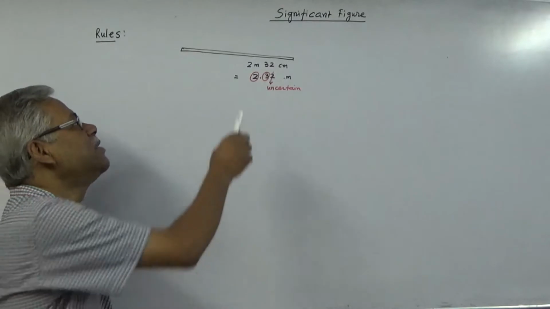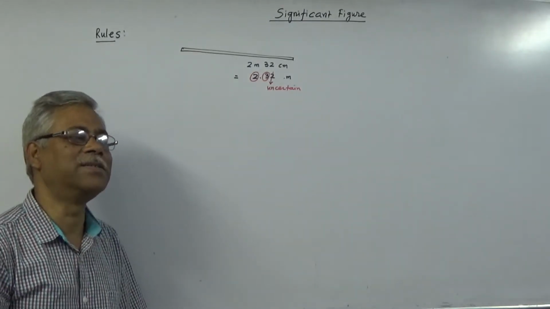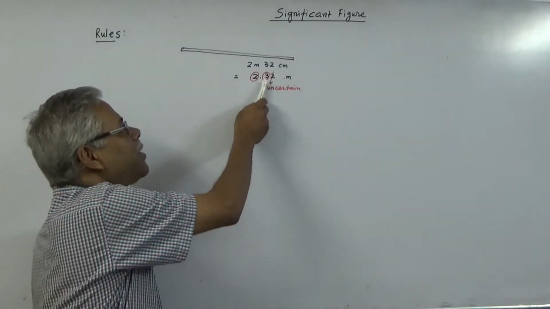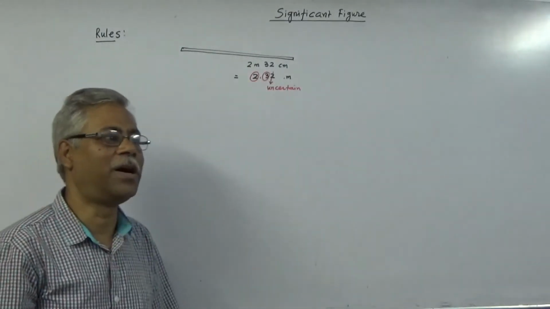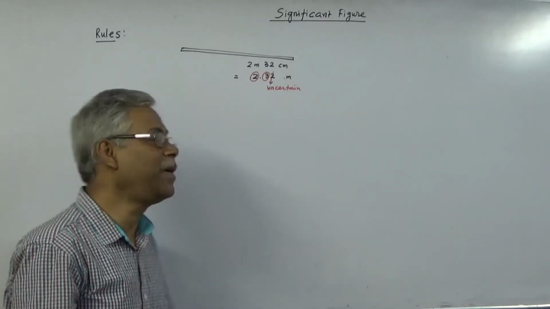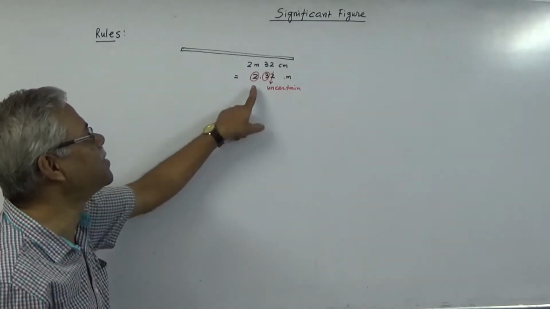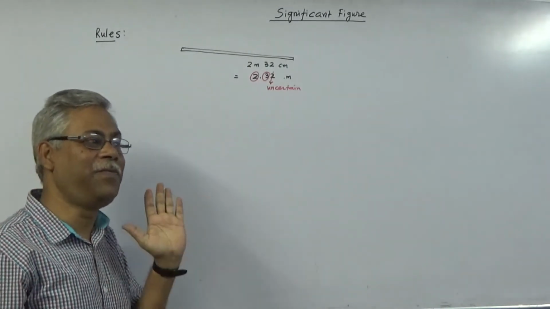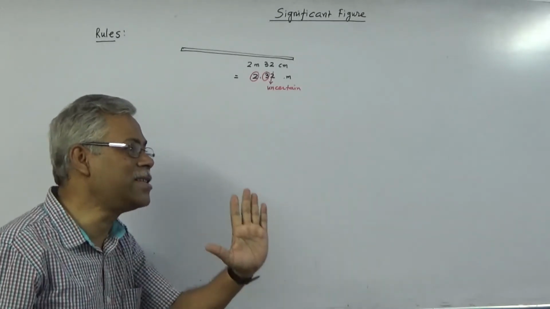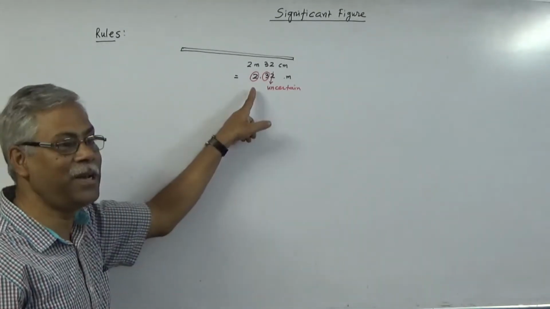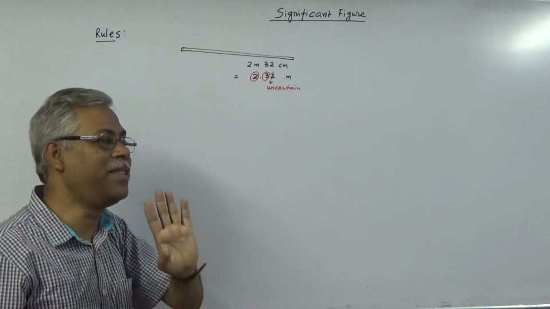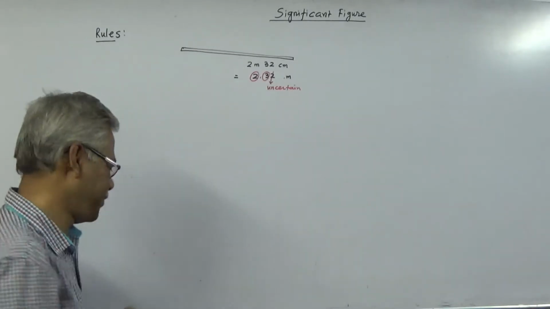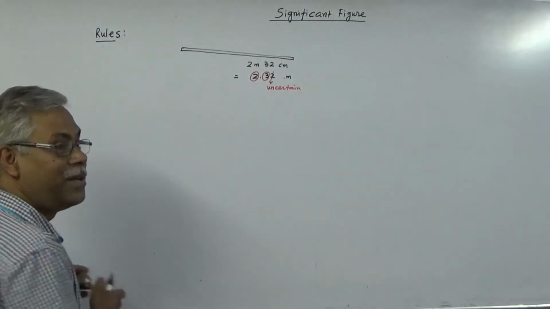So this measured value has 3 significant figures in it. 2 and 3 are certainly known and the last is the first uncertain digit. So the number of significant figures in this is 3. And what I have told you is that the significant figure gets fixed as soon as the measurement is done. This is your measurement, the significant figure is 3, and thereafter it will never change. How can it change? Thereafter it will never change.